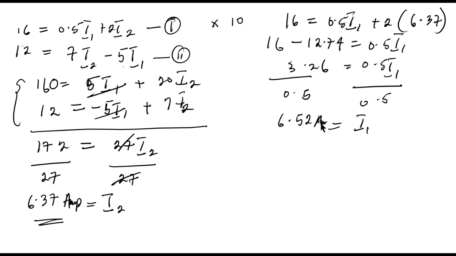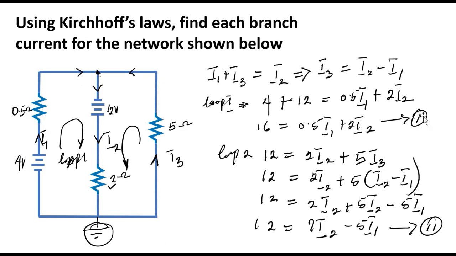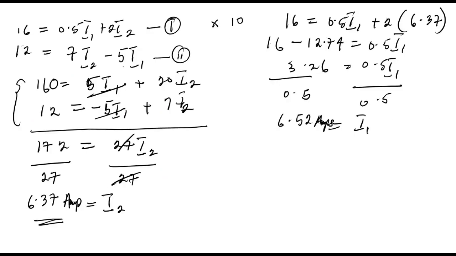6.52 amps. Now, if I1 is 6.52 amps and I2 is 6.37, then we should be able to deduce I3. Remember, we said that I3 is equal to I2 minus I1.